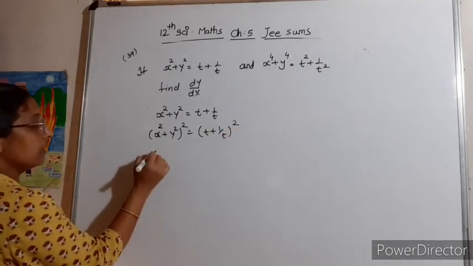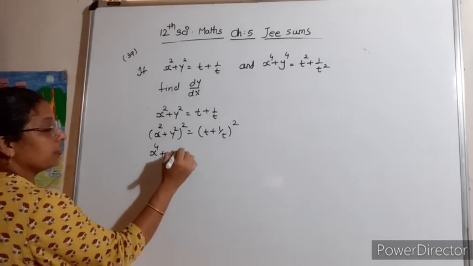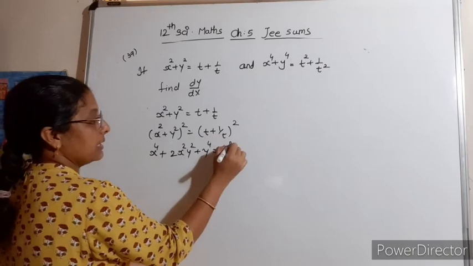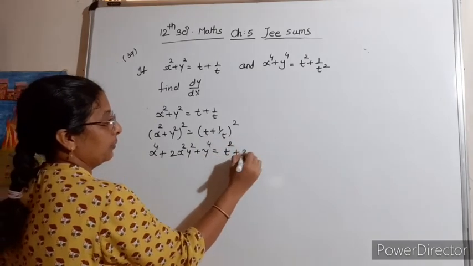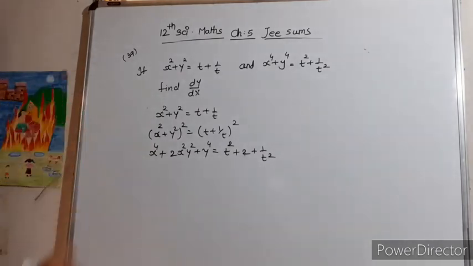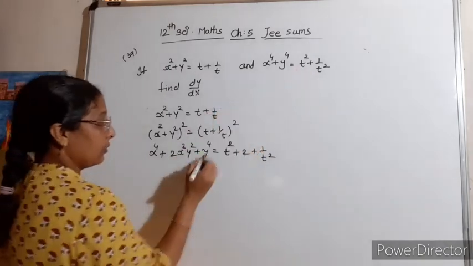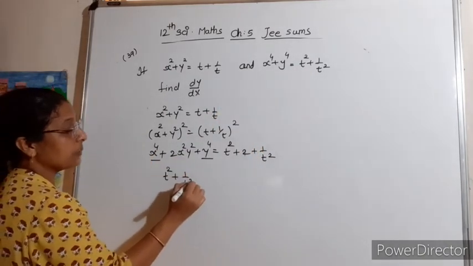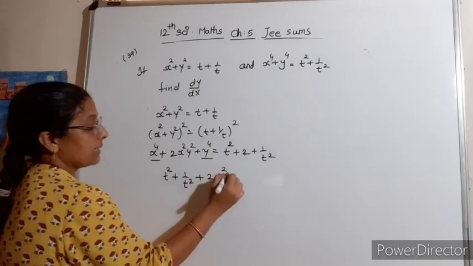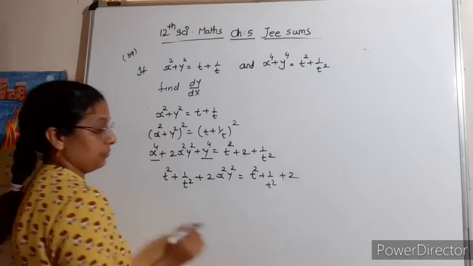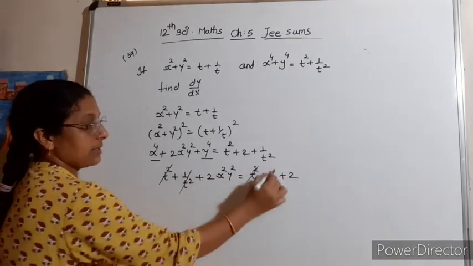Then expand it. x raised to 4, 2x square y square and y raised to 4. यहाँ पे expand t square, 2 and 1 upon t square. Now what? Here it is x raised to 4 plus y raised to 4. तो फिर से क्या दिया हुआ है? तो x raised to 4 और y raised to 4 की जगह पे लिखेंगे t square plus 1 upon t square plus 2x square y square equals t square plus 1 upon t square plus 2. So ये term दोनों तरफ से cancel हो जाएगी.